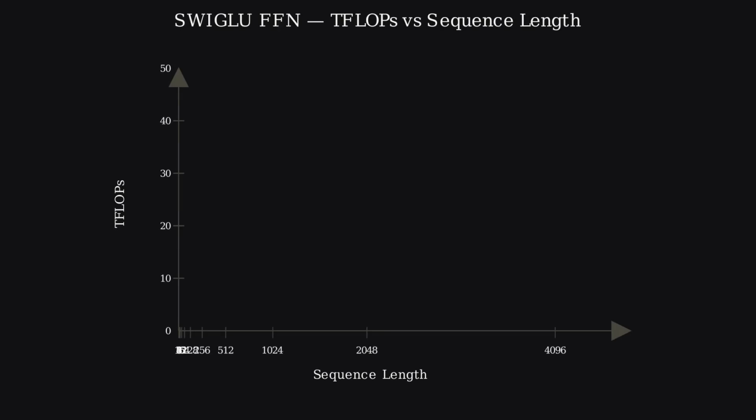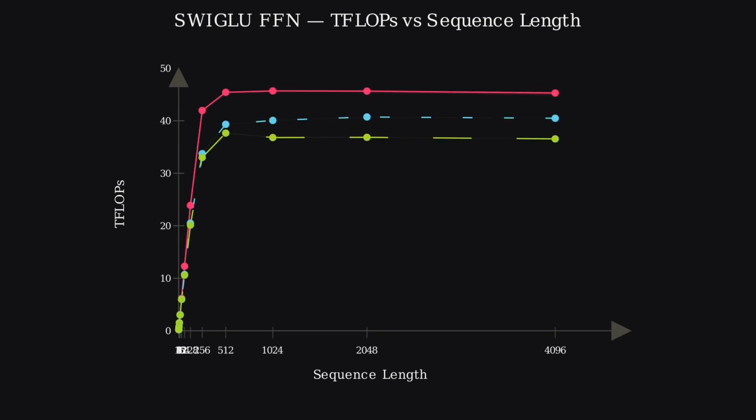I ran this on my RTX 4060 using a benchmark config. Hidden size 1536 and intermediate size 8960. We have three competitors: our Triton fused kernel, PyTorch with torch.compile, and plain unfused PyTorch.